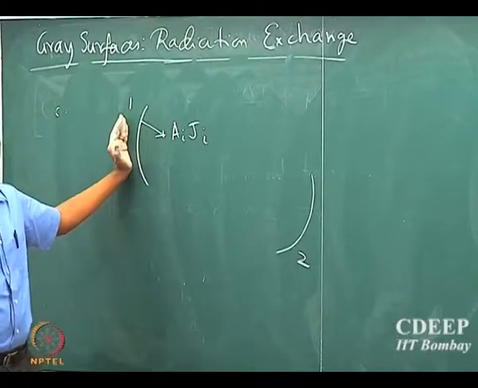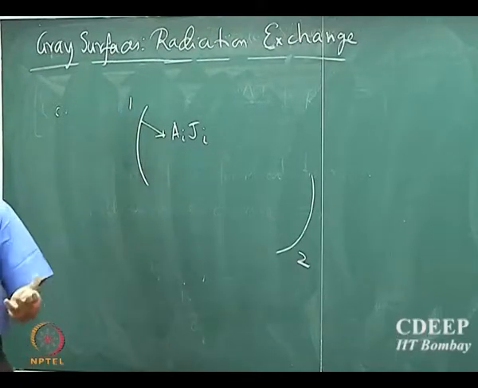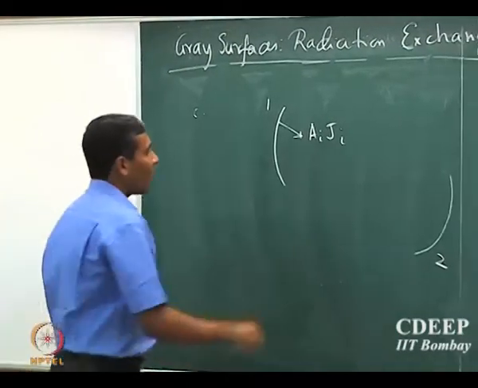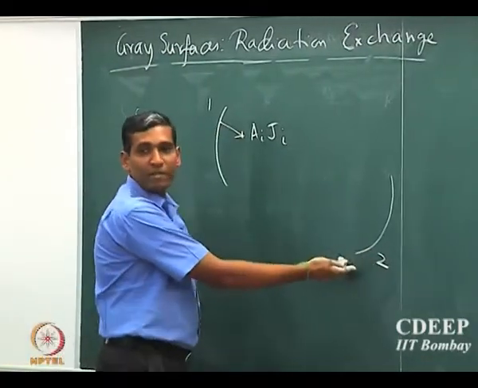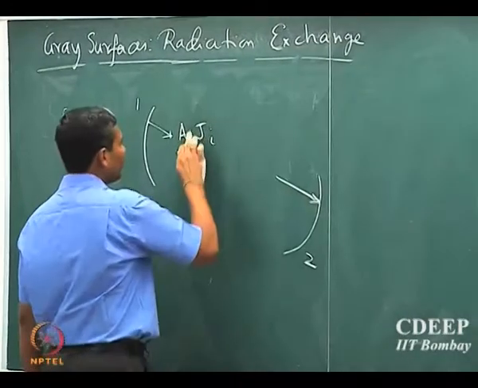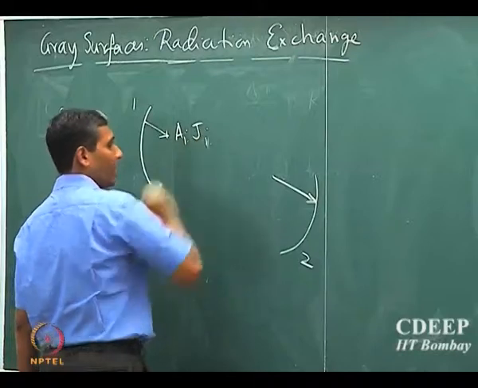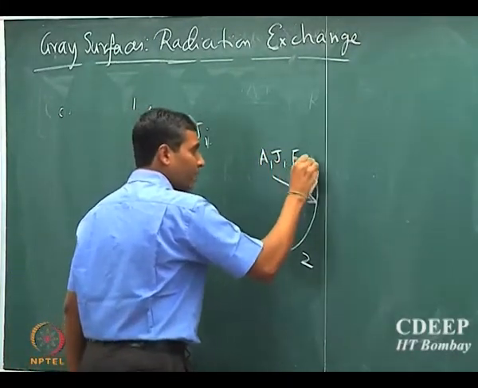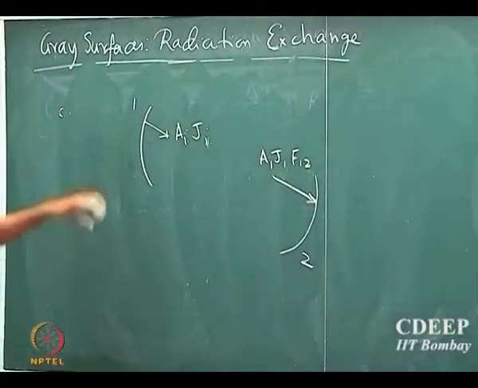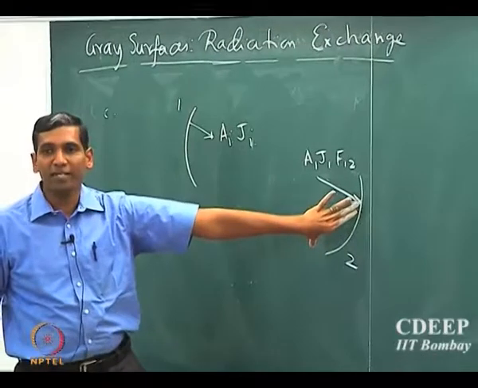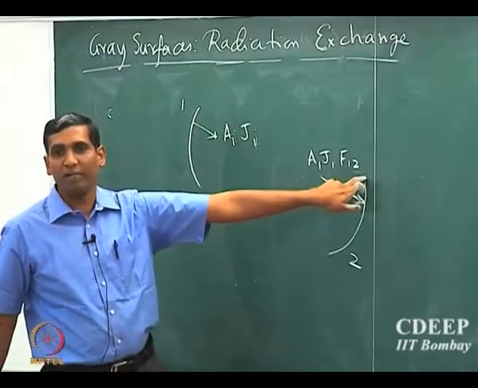Now this includes the emission by itself plus whatever is reflected because of the incident radiation. Now there has to be some part of it which is received by surface 2, okay. So I call it A1 J1, and what is received will be A1 J1 into F12, okay. The fraction of emission that comes from surface 1 and is received by surface 2 is A1 J1 F12.